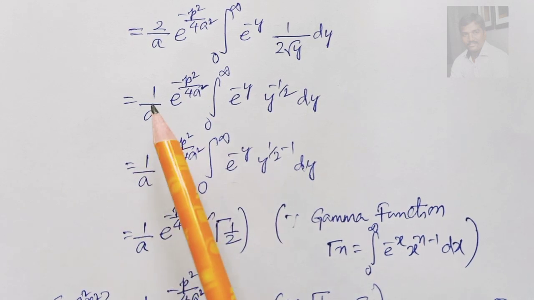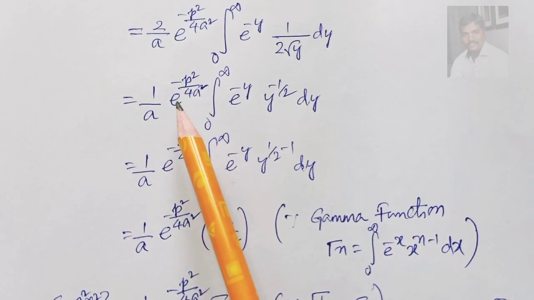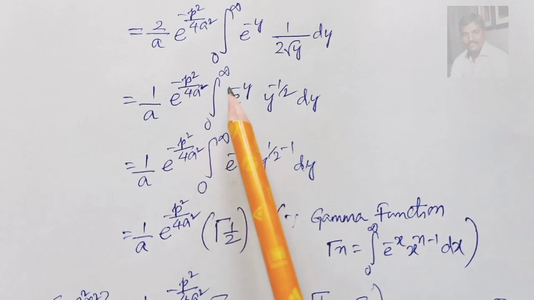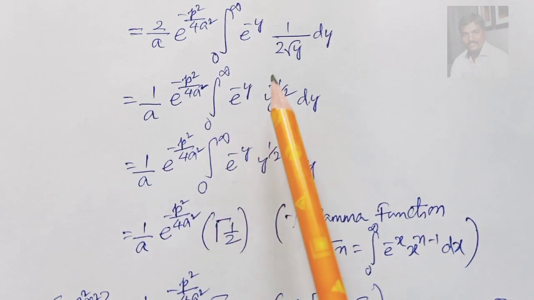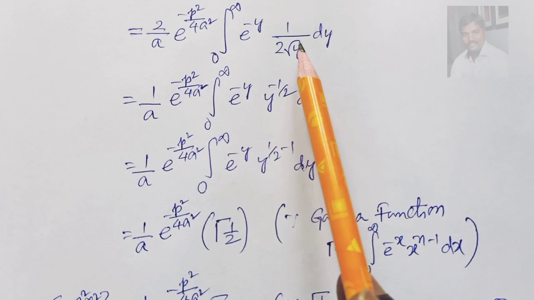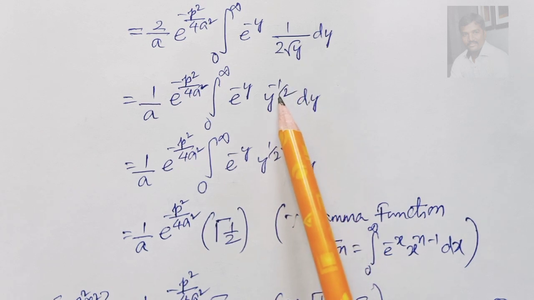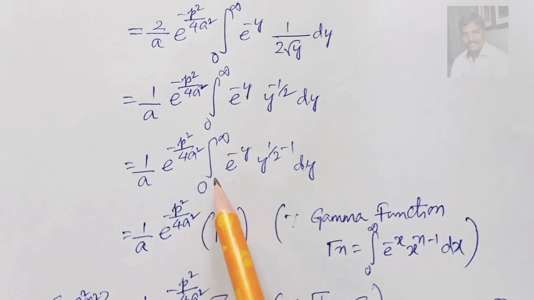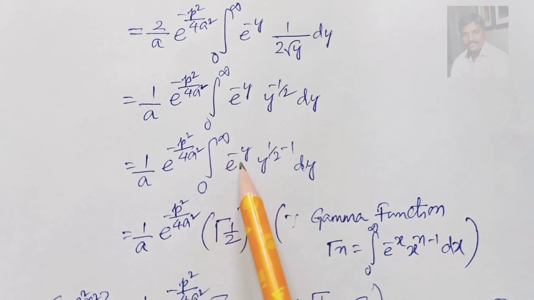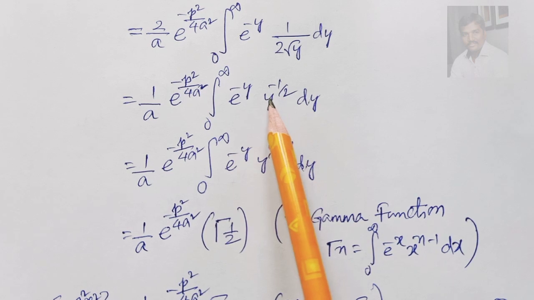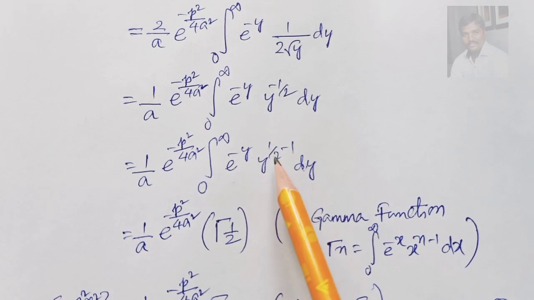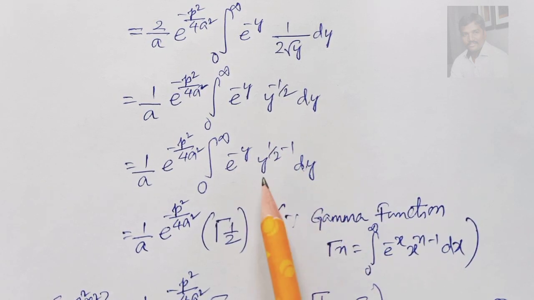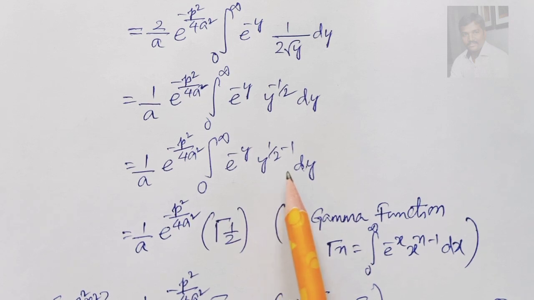So it is equal to 1 by a into e power minus p square by 4a square into integral 0 to infinity e power minus y, and you can take this 1 by root y to the numerator, and it can be written as y power minus 1 by 2 dy, which equals 1 by a into e power minus p square by 4a square integral 0 to infinity e power minus y, and y power minus 1 by 2 can be written as y power 1 by 2 minus 1 dy.